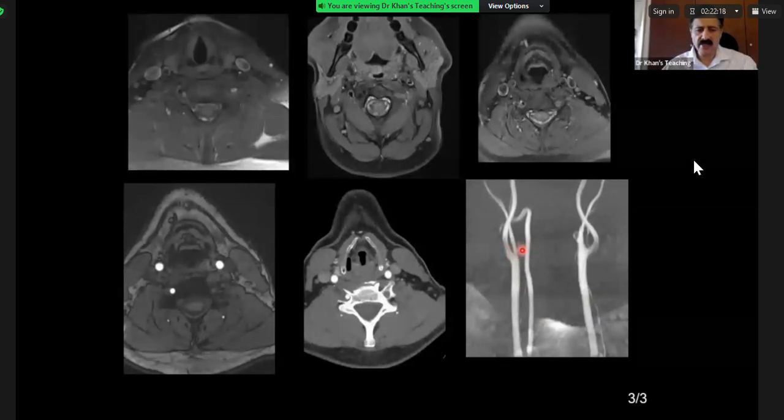This one is slightly rotated, so that's why the configuration is slightly different than what I taught you on the first film. Having said that, the main point to remember is look at the vertebral, and the vertebral will always be medial to the common carotid or the internal carotid. Look here, this is the common carotid and this is the vertebral, so it has to be medial. So here it is completely missing. An examiner can show you just this time of flight, and you should pick up that the vertebral is absent here.